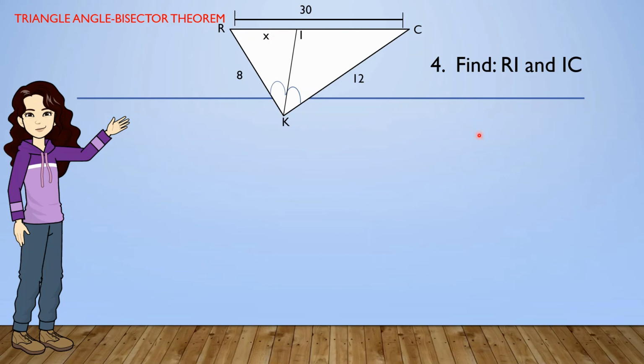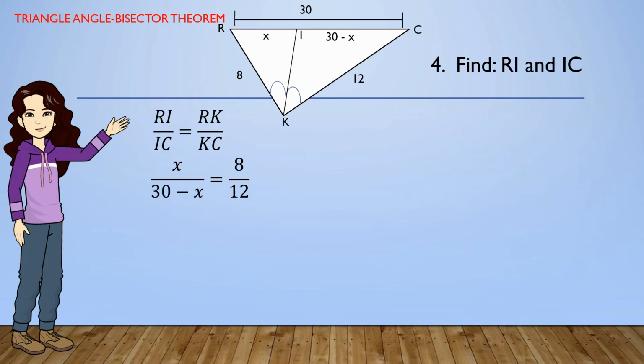Again, we will use X for RI and 30 minus X for IC. The proportional segments: RI over IC is equal to RK over KC. Substitute the measurements: RI is X, IC is 30 minus X, equal to RK is 8 and KC is 12.